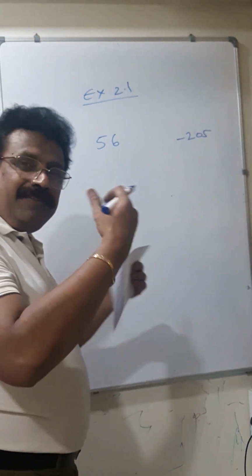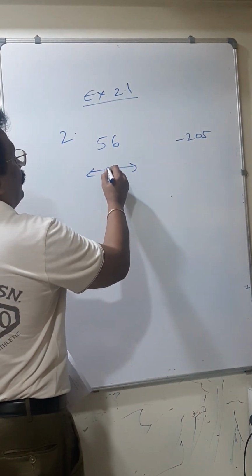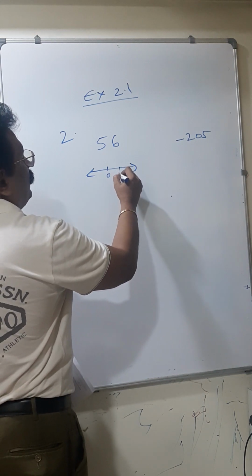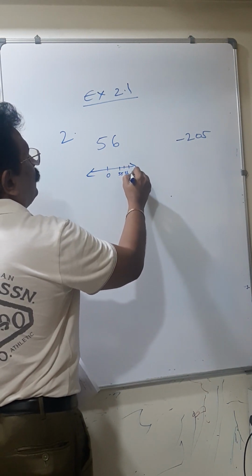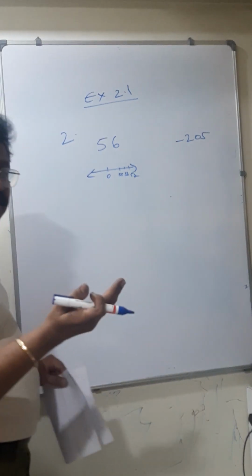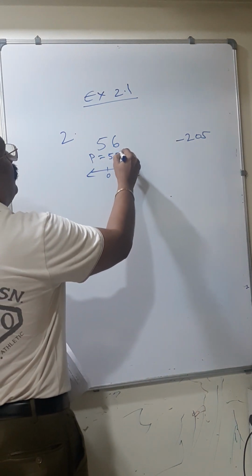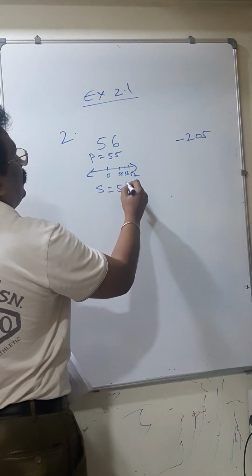Similarly, successor means next number. So this is the number line, 0, this is say 55, 56, 57. 57 is the successor, 55 is the predecessor. So predecessor is 55, successor is 57.